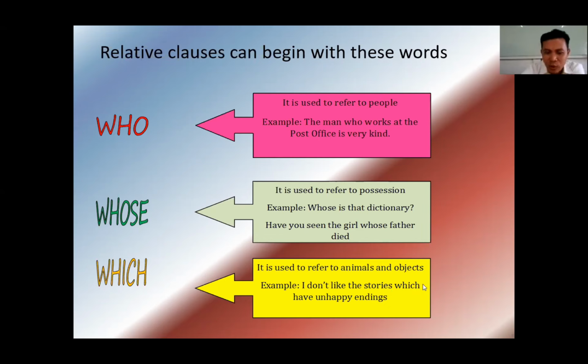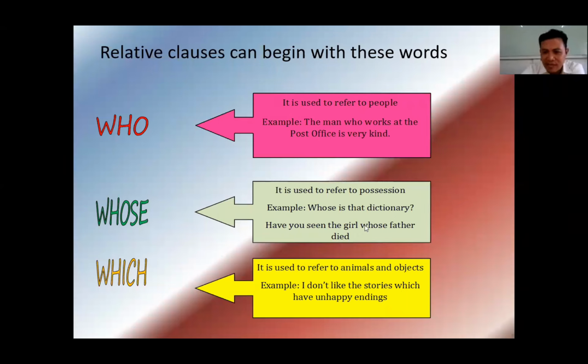Why don't we use who here? Because who is for people, and it's a thing, not a person. Why don't we use whose here? Because it's not possession.